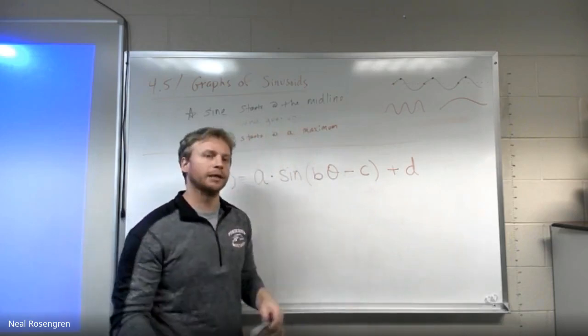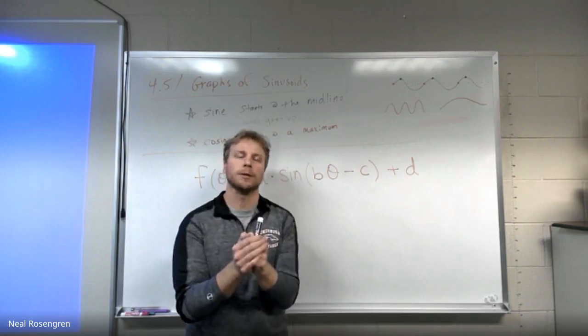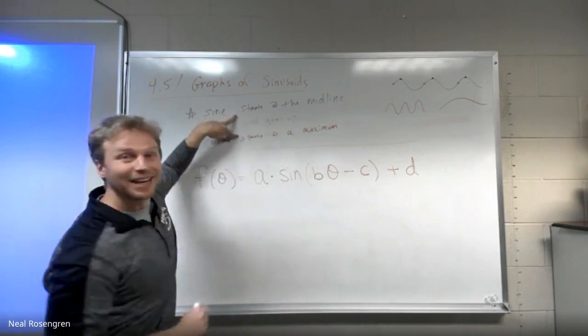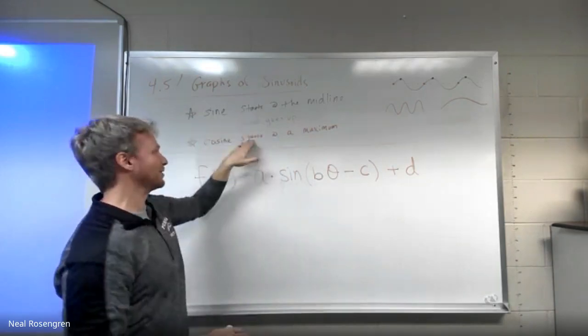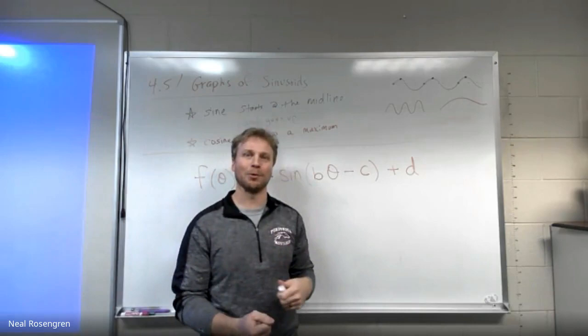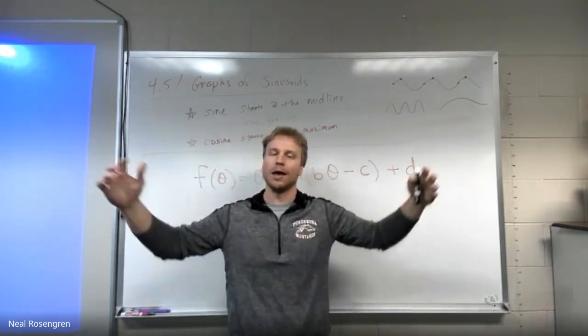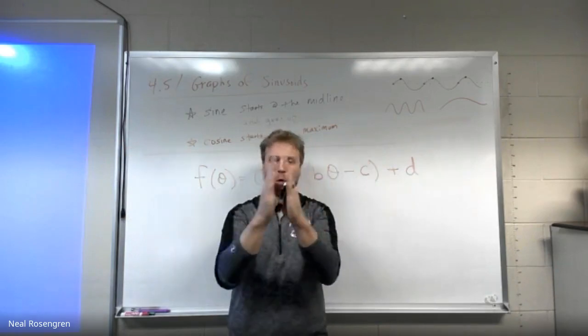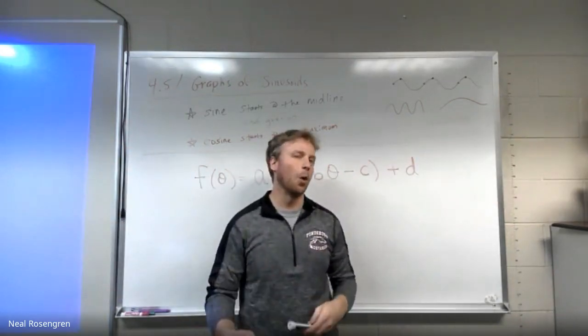We want to create the location of a starting point first, because we can find one. I know that sine starts at the midline and goes up, and that cosine starts at a maximum. If I can pick a starting point and say, okay, there's the center of my accordion, and I can just go in or out from there, everything will be adjusted the way that I want.